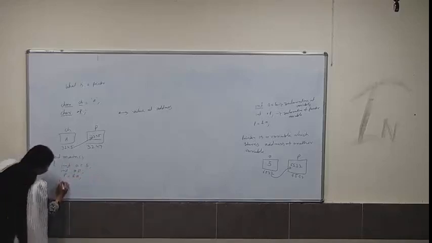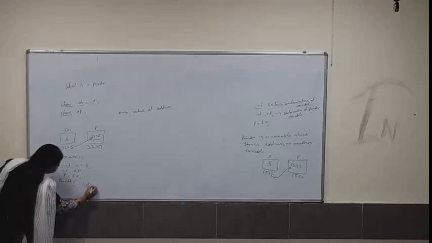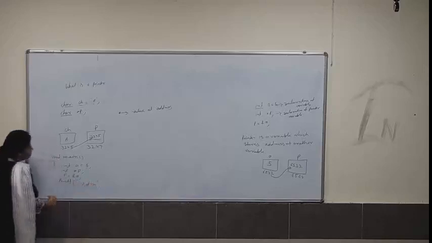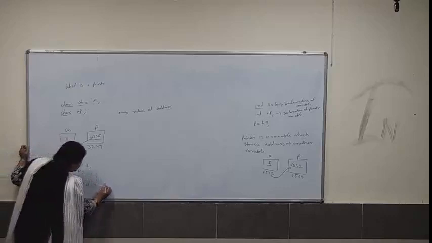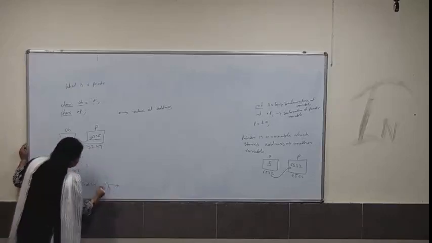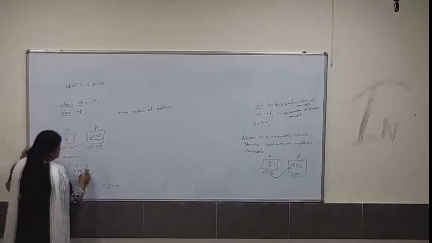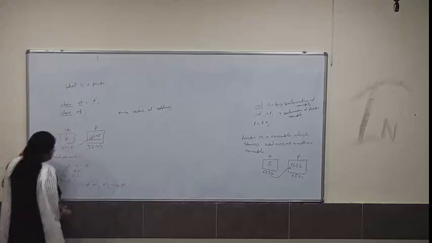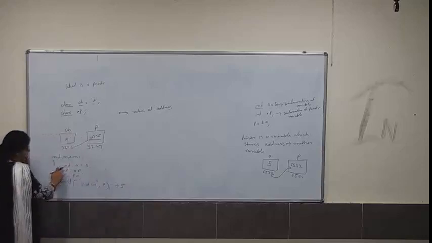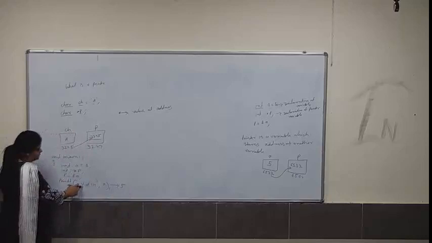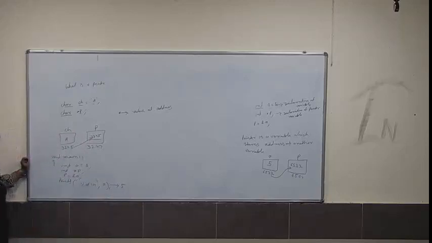Now, if I write printf percent d, comma, now A, then what will be the value? The value of A is nothing but 5, because the type of this variable is integer. Then I took percent d. This is called the type conversion of the variable.